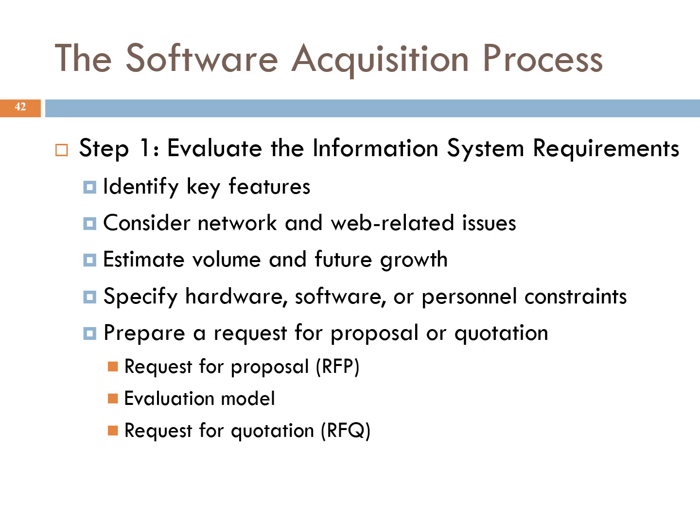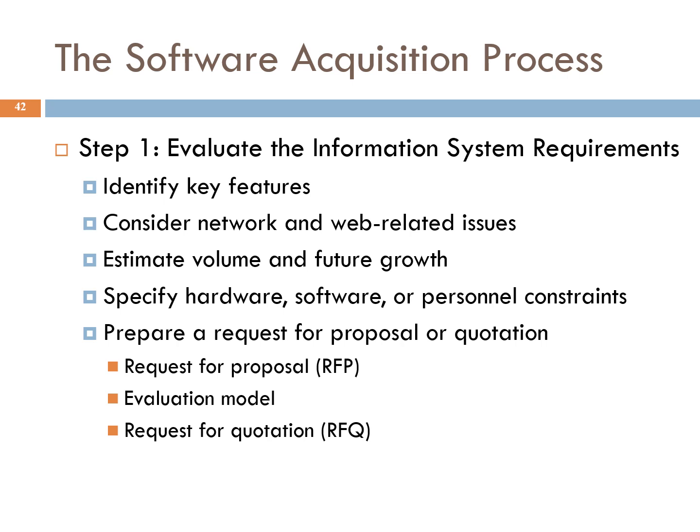Step 1, these are the process of software acquisition. Software acquisition means how you want to acquire or get a software. The first one is to evaluate the information system requirement of your company. So including identify the key features, consider network and web related issues in your company, estimate the volume of future growth of your company.